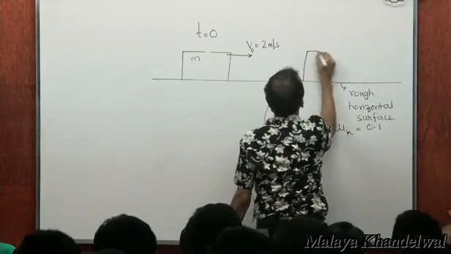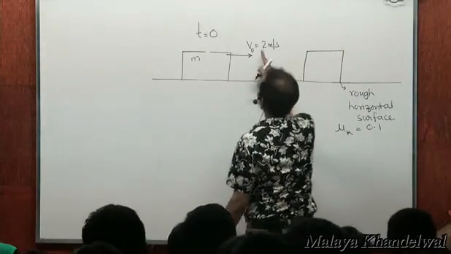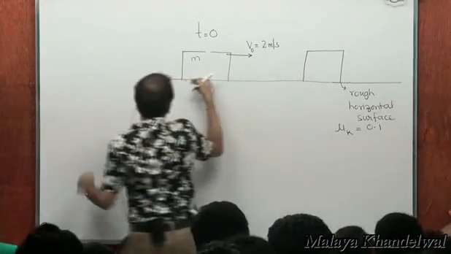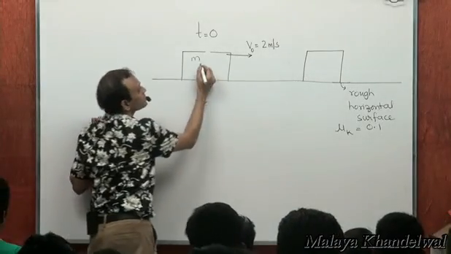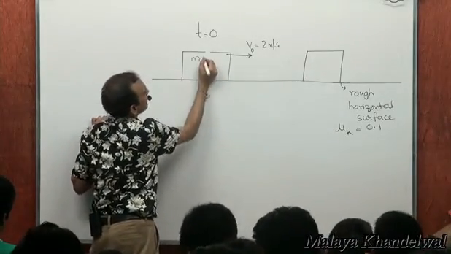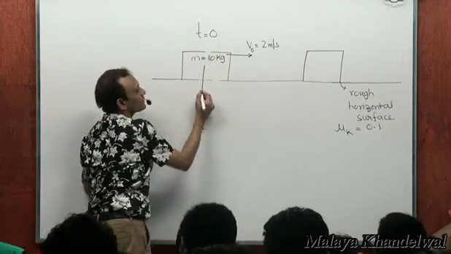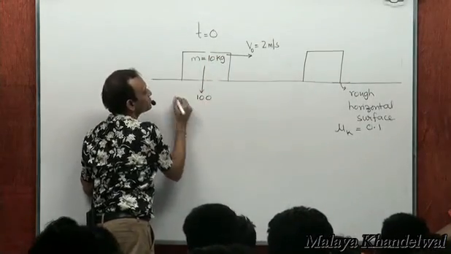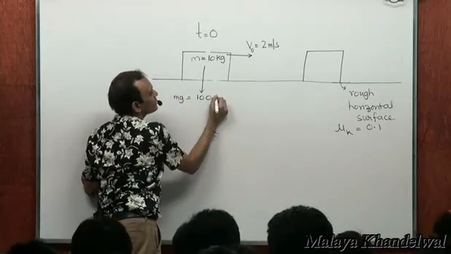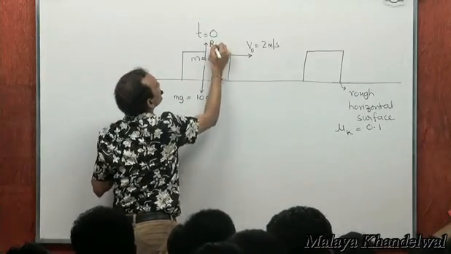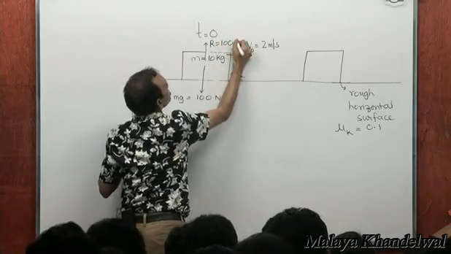After a while, this will retard. Why would it retard? Because frictional force will act backwards. Realize that there is mg, say m was 10 kgs, so there was mg which is 100 newtons acting downwards. There is normal reaction R which is 100 newtons acting upwards, right?